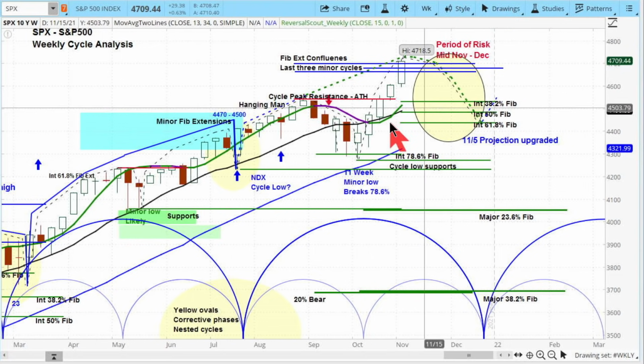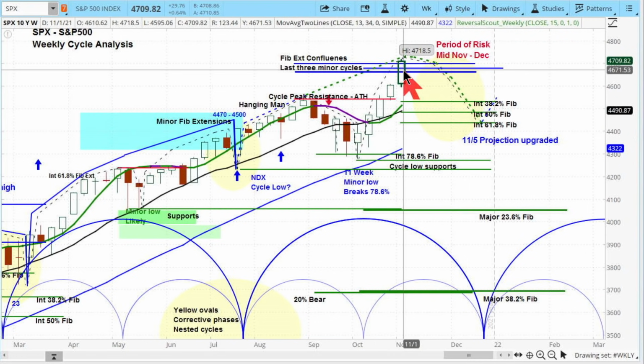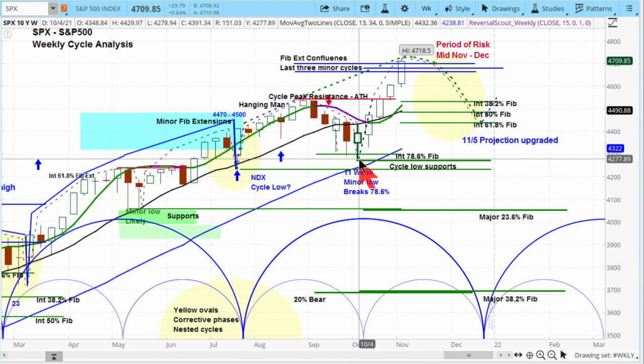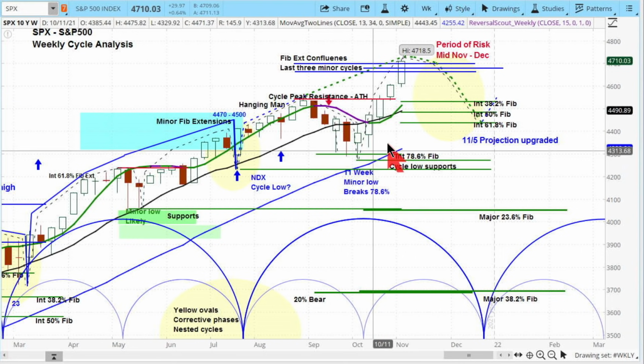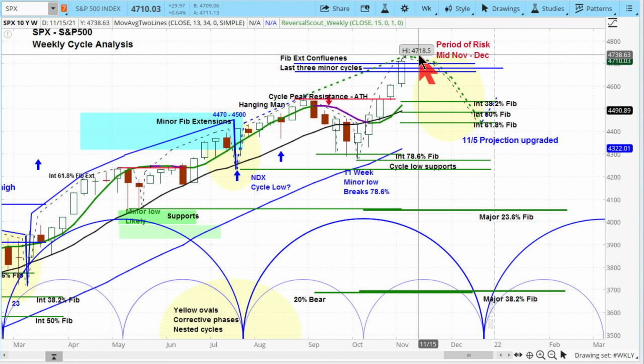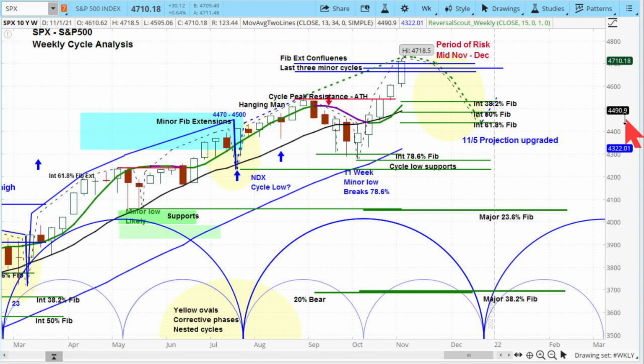We kind of think this is that Christmas rally right now in what is a just massive move to the upside in just 6 weeks, as it makes a low here of about 42.78 and gets up here to 47.18 intraday. So that's 400 plus points that it's moved in just these 6 weeks, which is a monstrous upside move. And as far as short-term overbought conditions, it is at an extreme overbought condition right now.